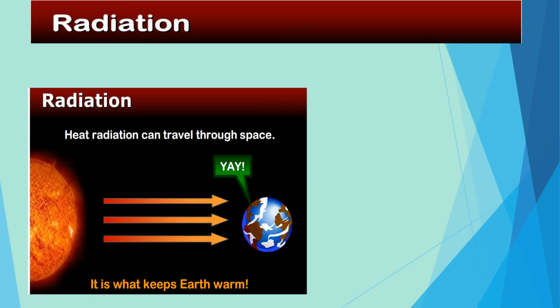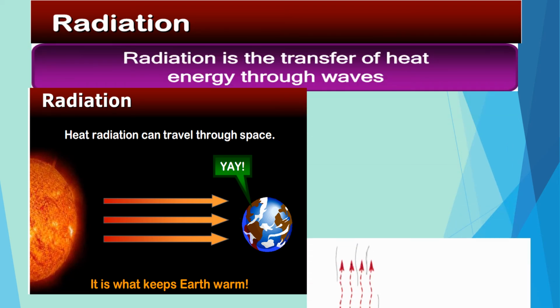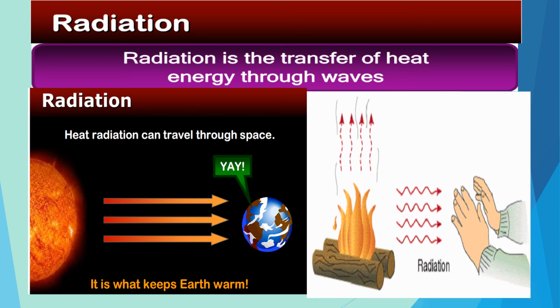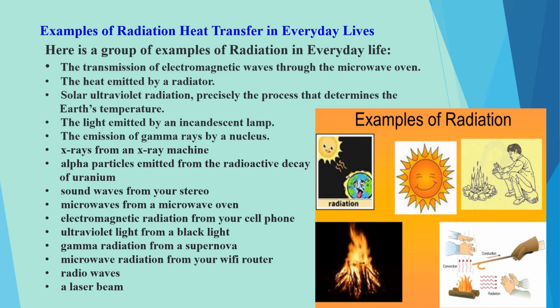Now let's go to radiation heat transfer. Radiation is transfer of heat energy through waves. Radiation can travel through space. Examples of radiation heat transfer in everyday lives. Here is a group of examples of radiation in everyday life.